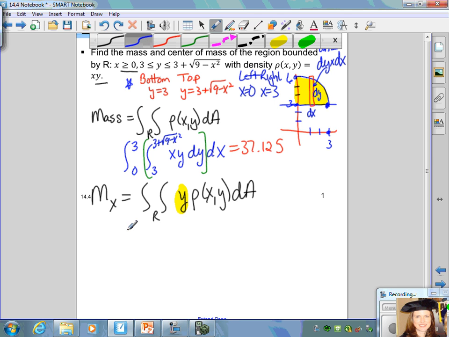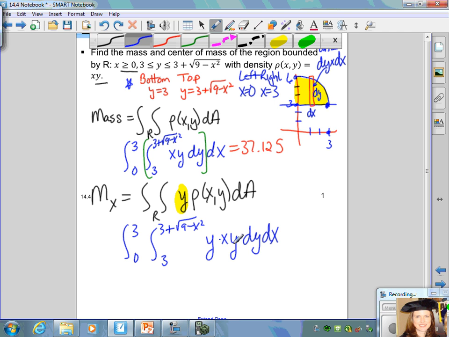So the integral is the integral from 0 to 3 of the integral from 3 to 3 plus the square root of 9 minus x squared of y times the density, which is x times y, times the differential area, which is dy dx. Now the solution in solving this is similar to the one we just did, except here you're going to have a y squared.